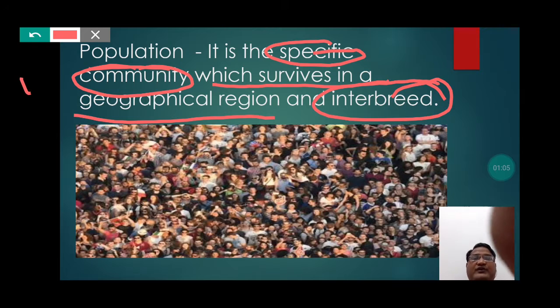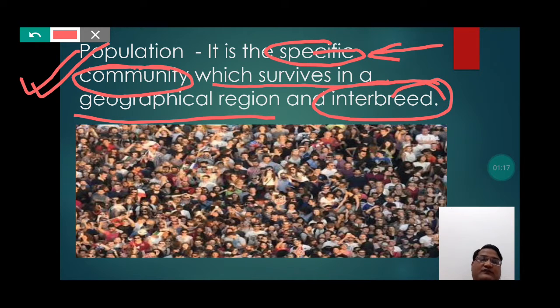So students, population is actually a collection of a huge number of similarly appearing organisms which dwell at a particular region and further reproduce among themselves.